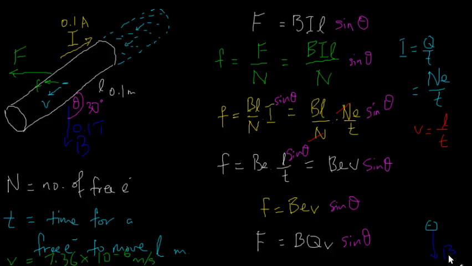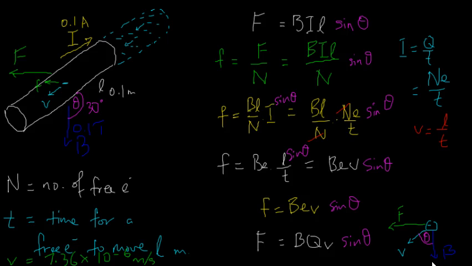That's the field, that is the velocity here, and that's the force there. Then the angle theta would refer to this angle, in this case, between velocity and the field.